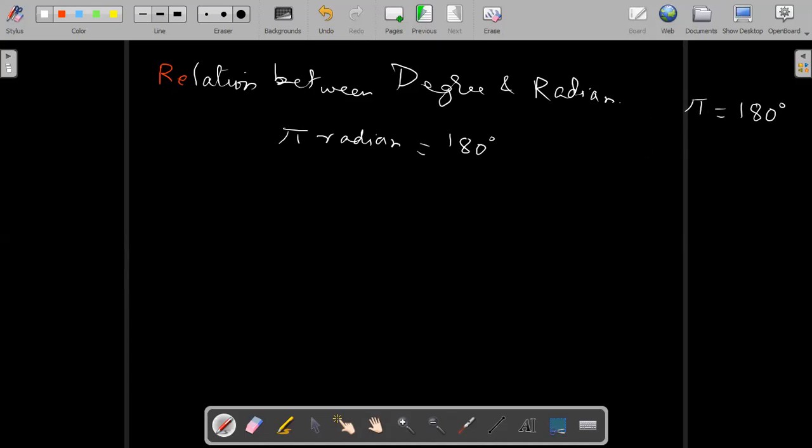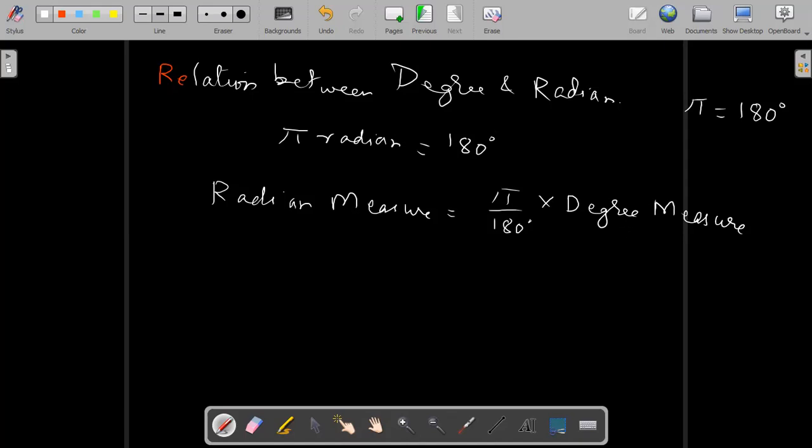Okay. So if we want to convert radian into degrees, we will use this formula: radian measure is equal to pi upon 180 degree into degree measure.